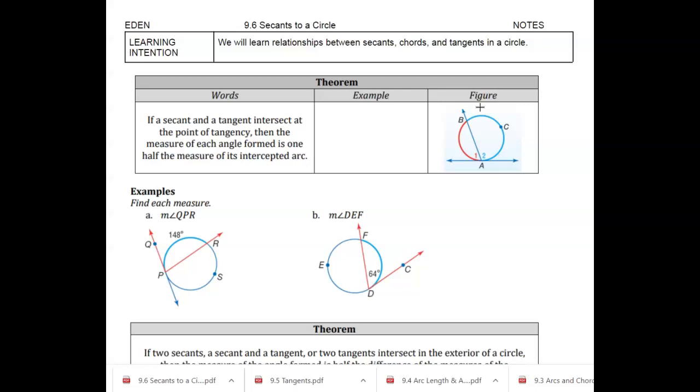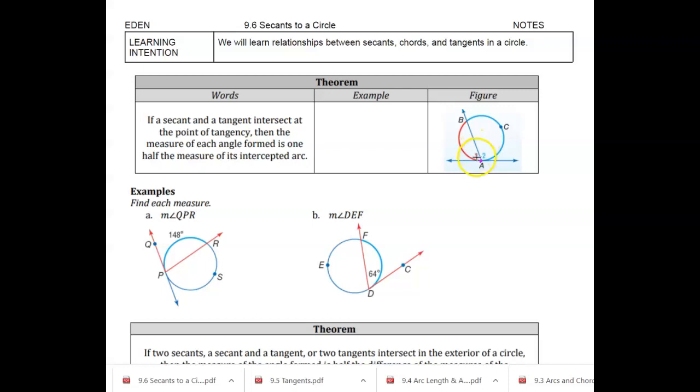The first says if a secant, which would be AB, and a tangent line, so let's just call this line A, intersect at the point of tangency, which is at A right here, and the measure of each angle formed is half the measure of the intercepted arc. It's not really an inscribed arc, so we just call it an intercepted arc.